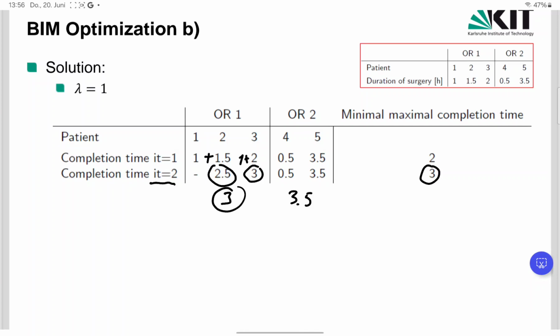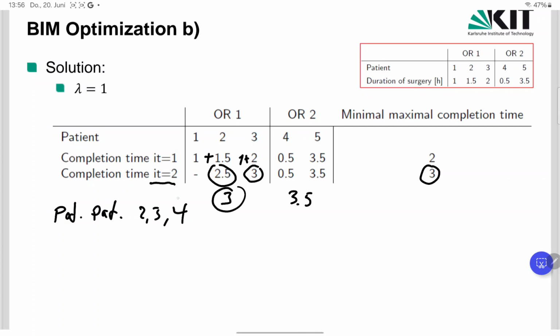In this case, we could choose between the second patient, the third patient is also fine, the fourth patient also fine, but we cannot assign the fifth patient because the completion time would exceed our minimal maximum completion time of 3. So the potential patients or surgeries are 2, 3, and 4.